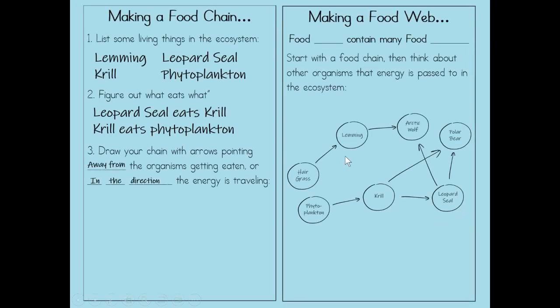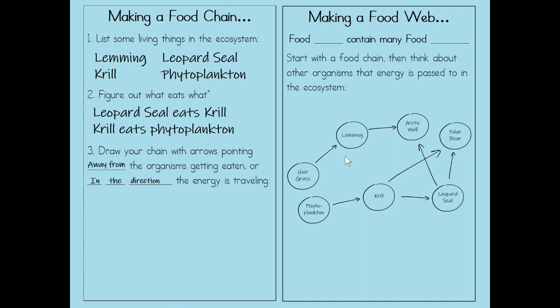First, we'll learn how to make a food chain, because a food web is made up of many food chains. So the first step to making a food chain would be to list some living things in the ecosystem you're referring to.